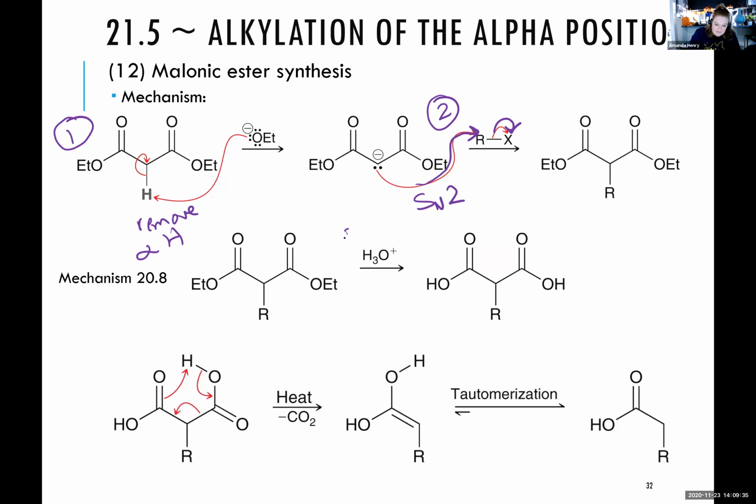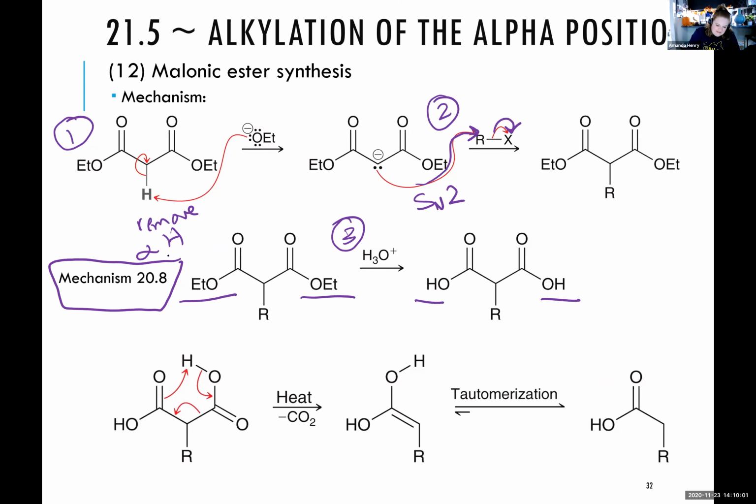And then in step number 3, we're turning both of our esters into carboxylic acids. And right here, it's a reminder that we've seen this before. This was mechanism 20.8 in our last chapter. I think it was on our test. It was either this or the other way around. I can't remember which one now, but you've seen this.